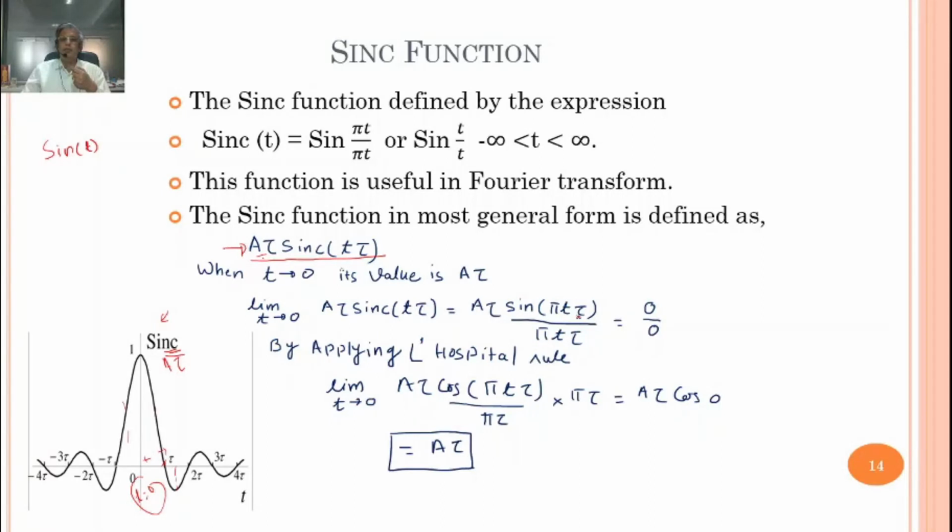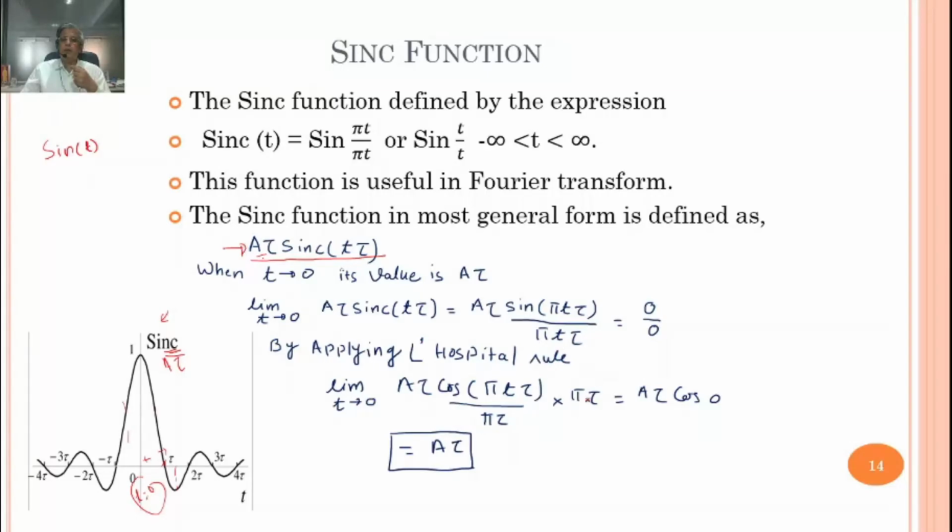Differentiation of sine is cos pi t tau into differentiation of pi t tau, which is pi tau, divided by differentiation of the denominator, which is pi tau.